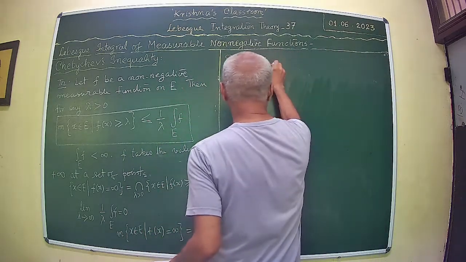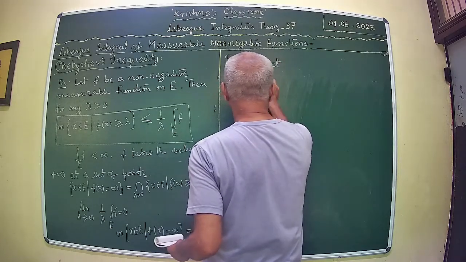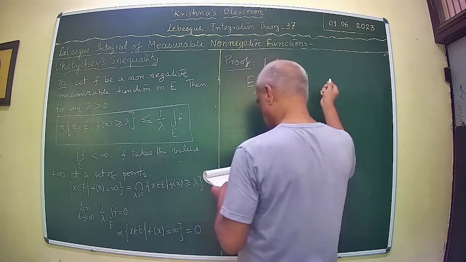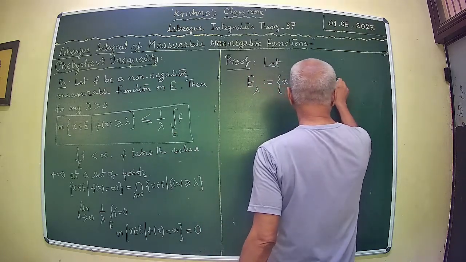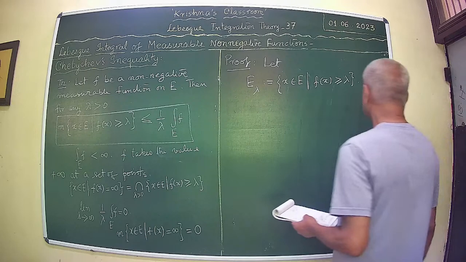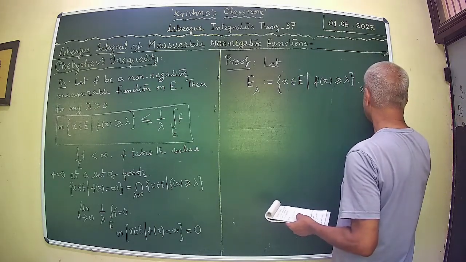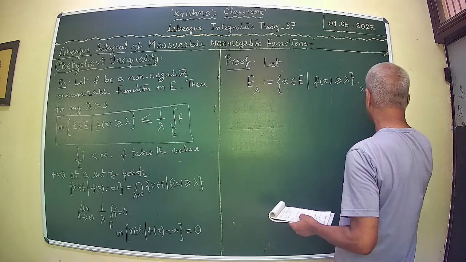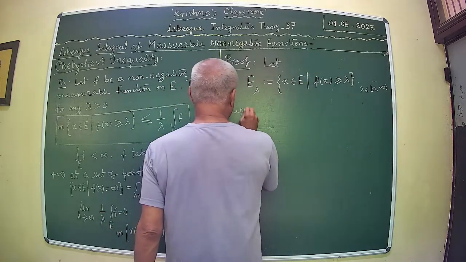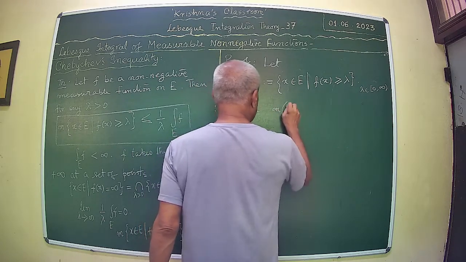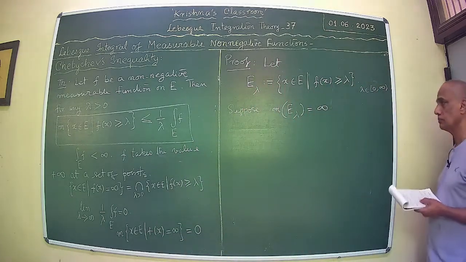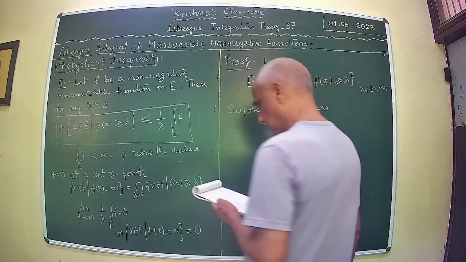So we define E lambda, where lambda belongs to the positive reals. Now suppose the measure of E lambda is finite. Then what happens?